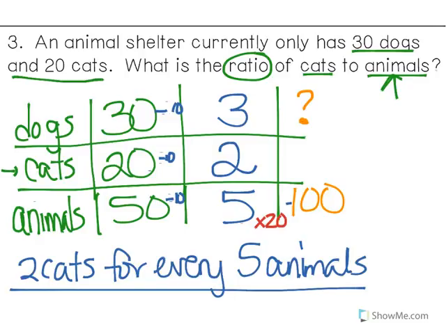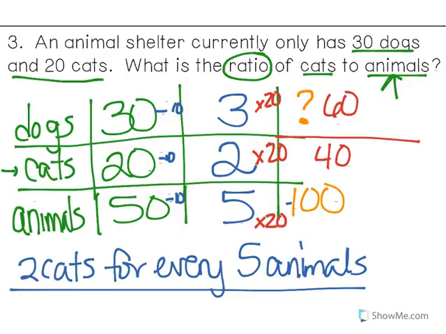Whatever I do to one part, I have to do to another. 3 times 20 is 60. That means there are 60 dogs for every 100 animals. It would also hold true that there will be 40 cats for every 100 animals. No matter what, this ratio will always stay the same. And they are all equal to each other because they are proportions.